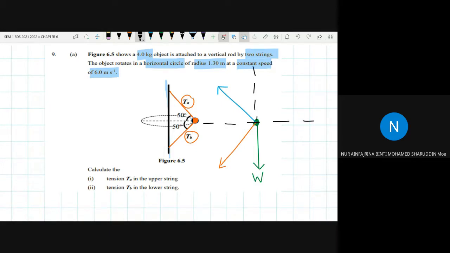This is your tension A and this is your tension B. So far, Miss wants to ask, is your free body diagram correct or not?